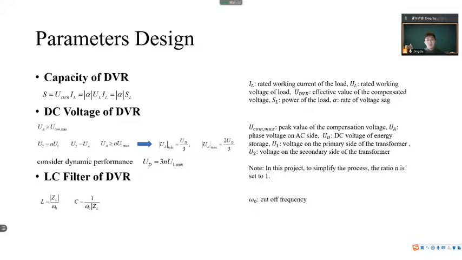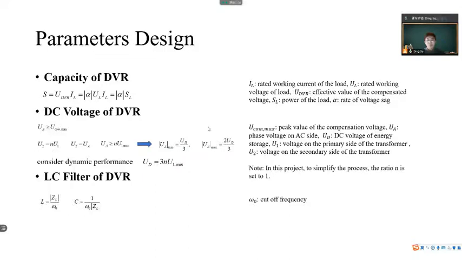The voltage on the DC side of the inverter will affect the compensation performance and effect. Generally, the phase voltage on the AC side of the inverter should be greater than the peak value of the compensation voltage. That is, UA is larger than or equal to U compensation maximum.